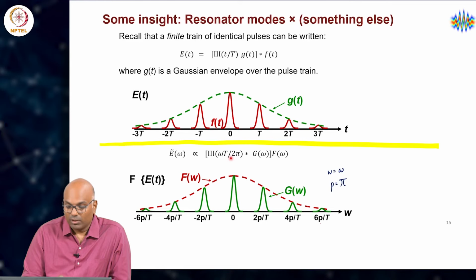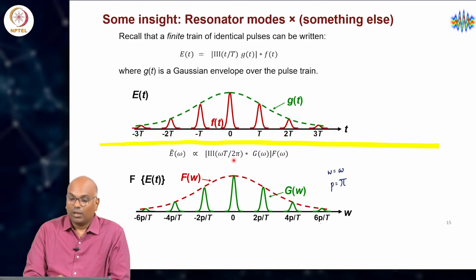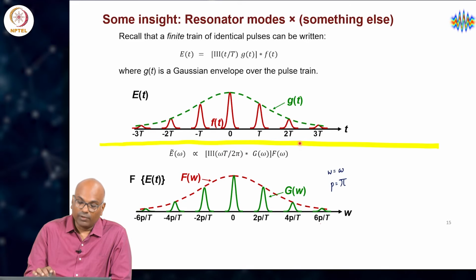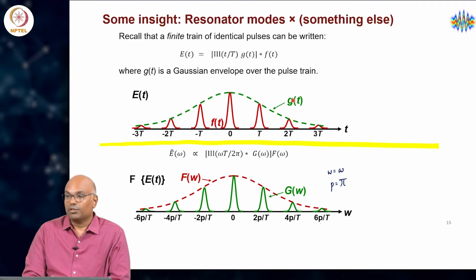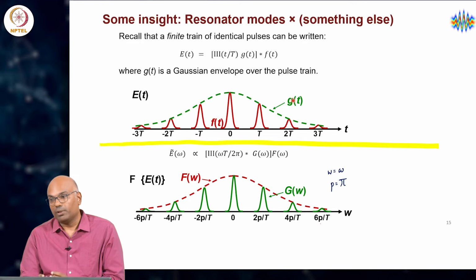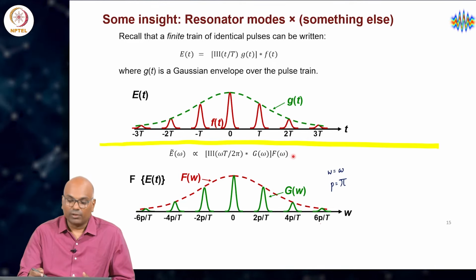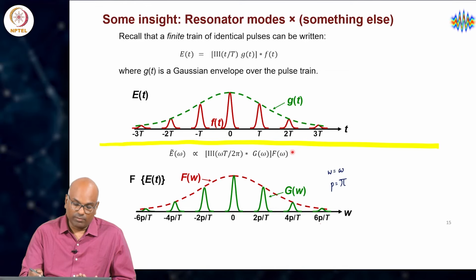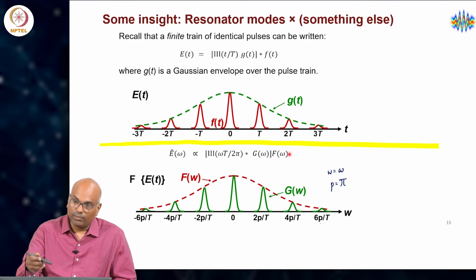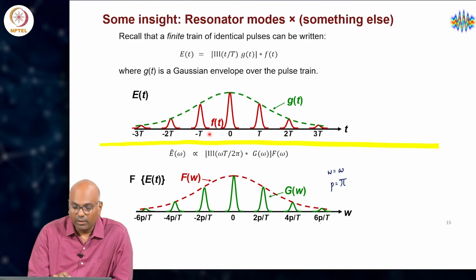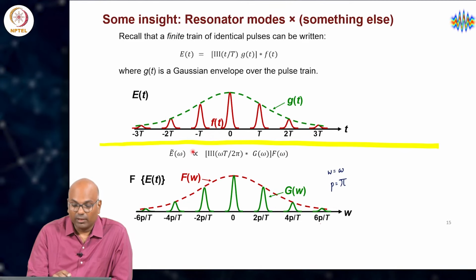If I want, I can ask the question: can I inverse Fourier transform this, going from the frequency to the time domain? The general notion is that time to frequency is the forward Fourier transform, so now I can do the inverse process, going from omega to t, frequency to time. How do we do that?